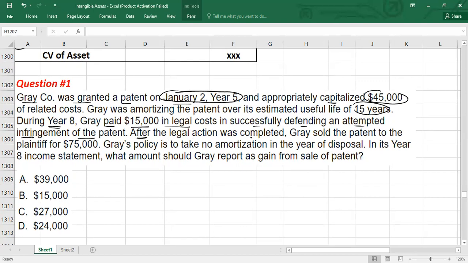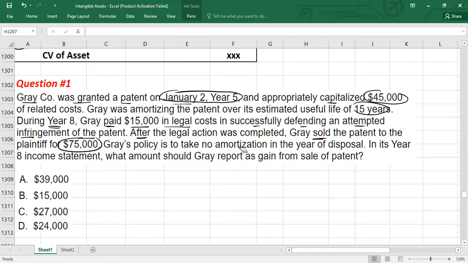After the legal action was completed, Gray sold the patent to the plaintiff for $75,000. Gray's policy is to take no amortization in the year of disposal. Because in year 8 you are going to sell your patent, and it is your policy, you are not going to amortize your intangible asset in the year of disposal. Of course, you don't need to calculate amortization expense for year 8, because it's a year of disposal.